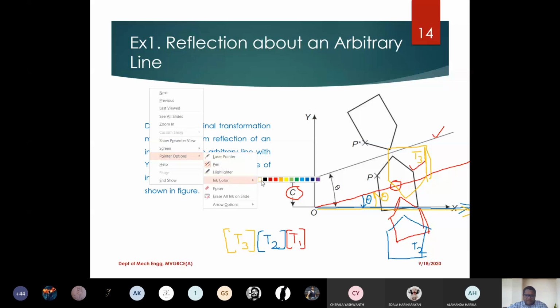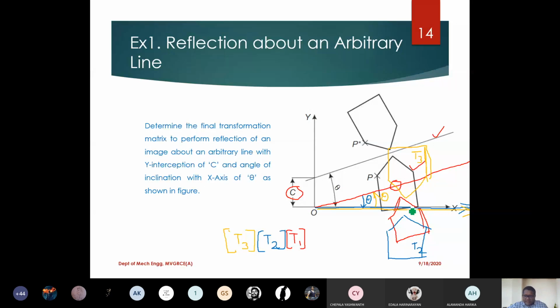Let me use green. So now the yellow colored straight line, when you are rotating back, again matches to the red color line, and this object is also rotating, right? The object would be rotated like this. See, the yellow color one is getting rotated like this.